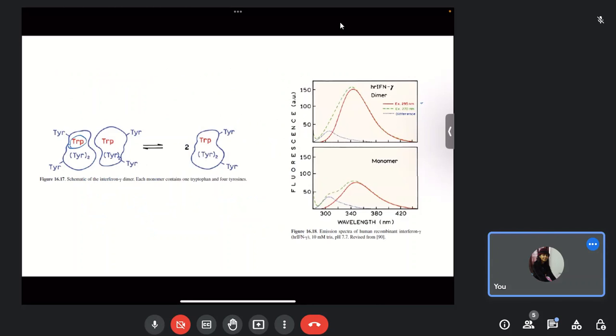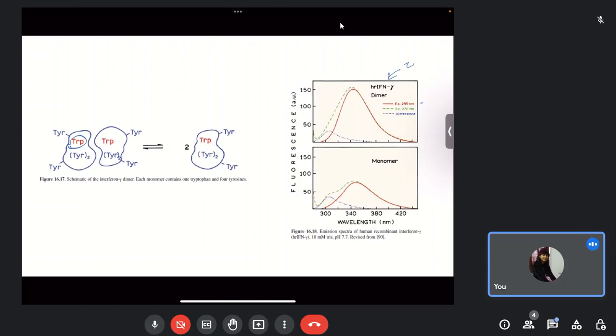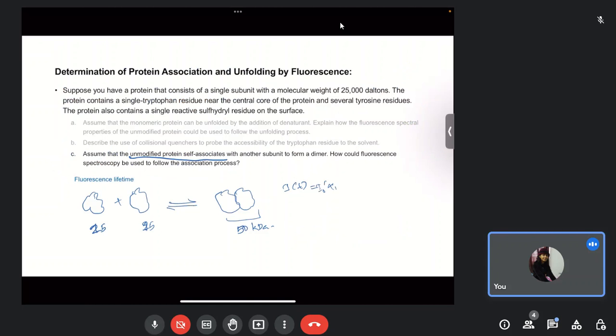If you are following a mixture, we know that I of t is equal to, if you have two sets of different conformations of the same molecule, you can have two different fluorescence lifetimes, tau 1 and tau 2, and you can follow alpha 1 tau 1 plus alpha 2 tau 2.